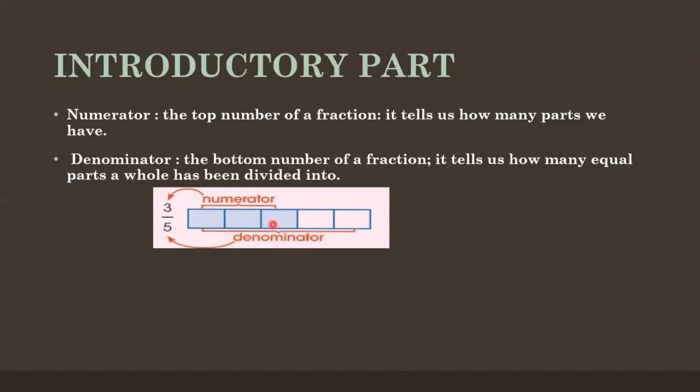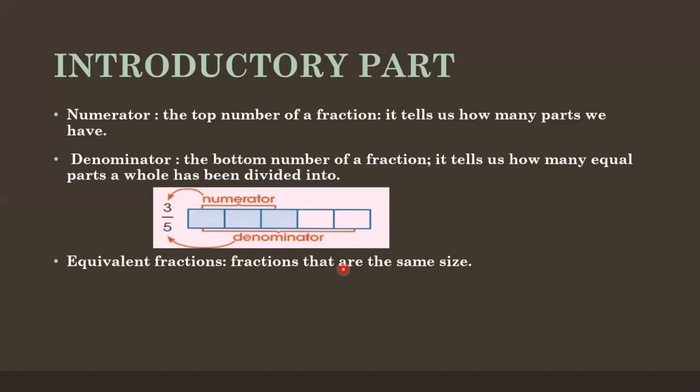So the shaded part resembles the numerator and the total number of divisions in this bar diagram gives you the denominator. So the shaded parts are 3 and the total number of parts is 5. So you can write the fractional form as 3 by 5.